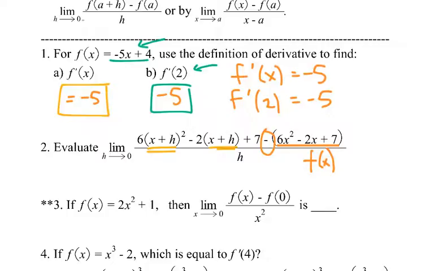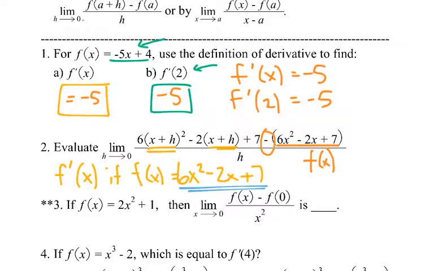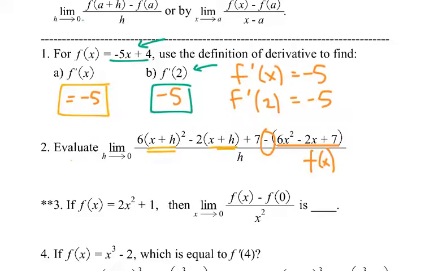And what this is asking us to do is find f prime of x if f of x was 6x squared minus 2x plus 7. So essentially what we're doing is we're finding the derivative of 6x squared minus 2x plus 7. Alright, let's do that. We're going to have to expand this out, and the math will get a little bit hairy, but we'll see what happens here.